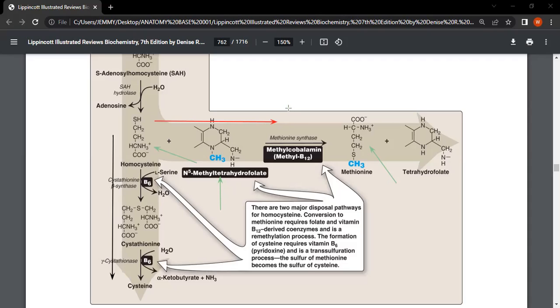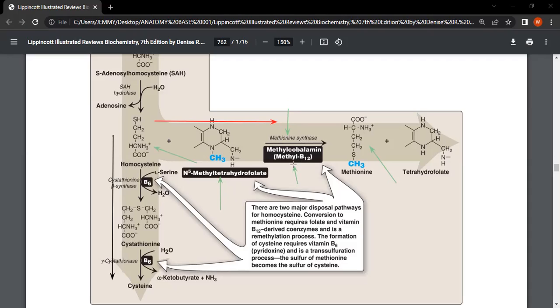A reaction catalyzed by methionine synthase, not a synthetase, synthase. In this reaction, you need methylcobalamin. Remember, it's B12. So those two are very important information of methionine.